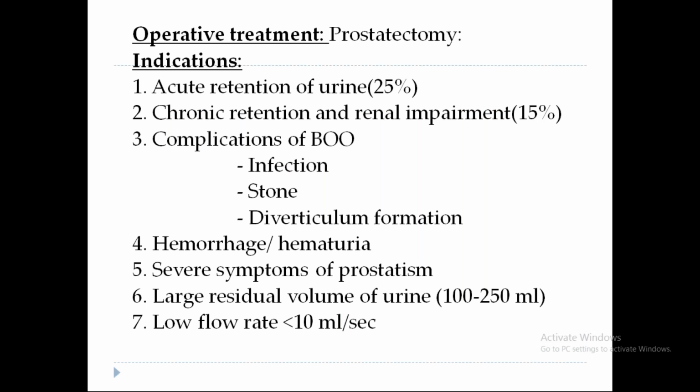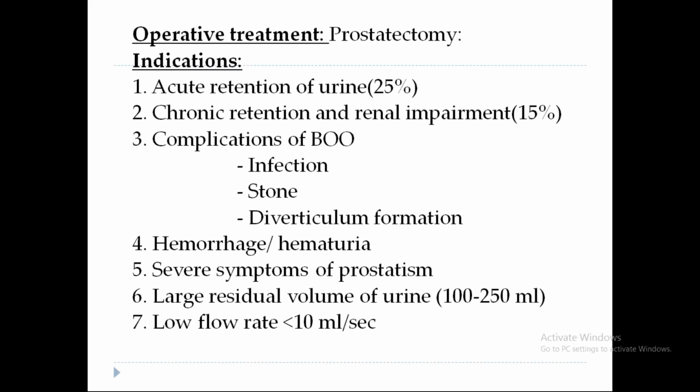So next is the surgical management. If in spite of giving drugs the symptoms are not relieved, then you have to go for surgical management, and there are other indications also. Acute retention of urine 25%, chronic retention and renal impairment 15%, and complications of bladder outlet obstruction like infection, stone formation or diverticulum formation.